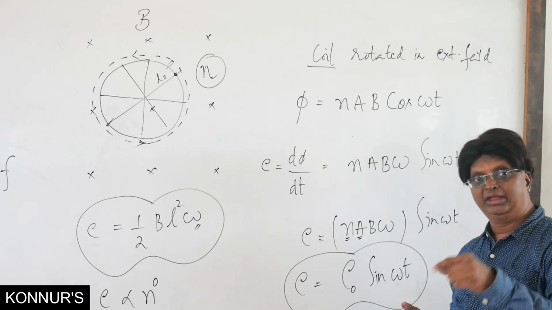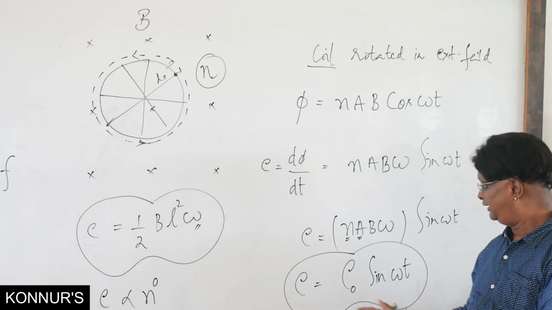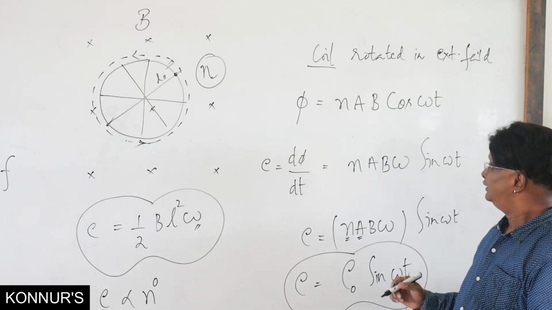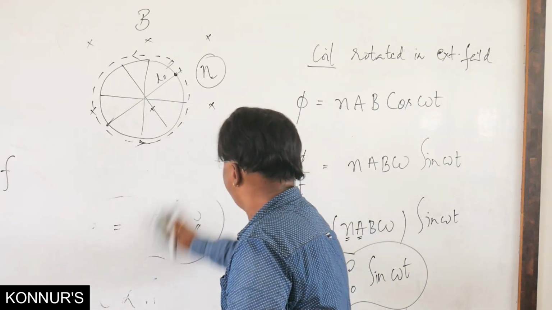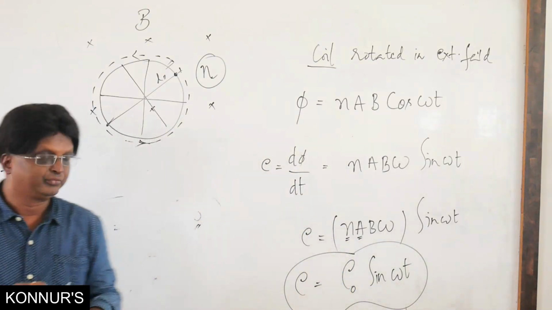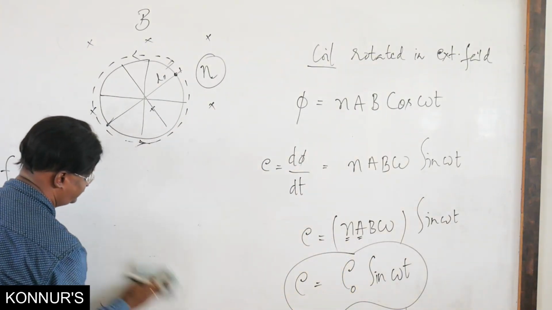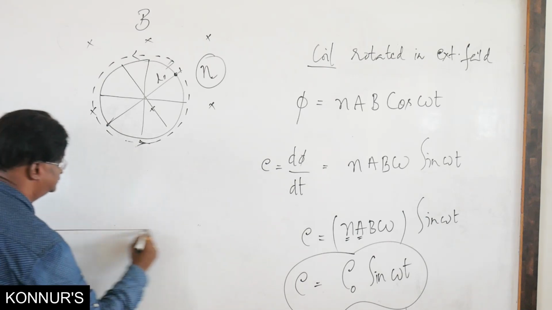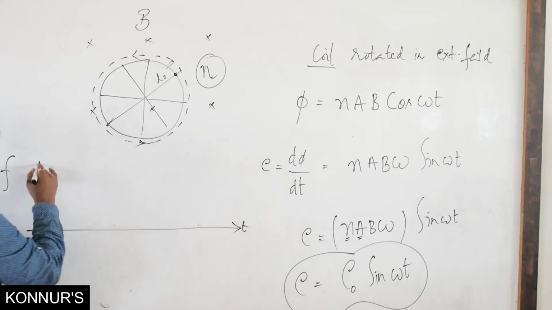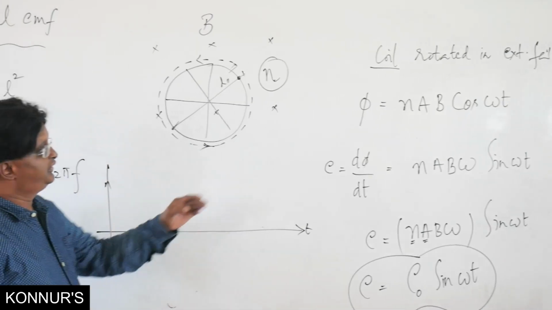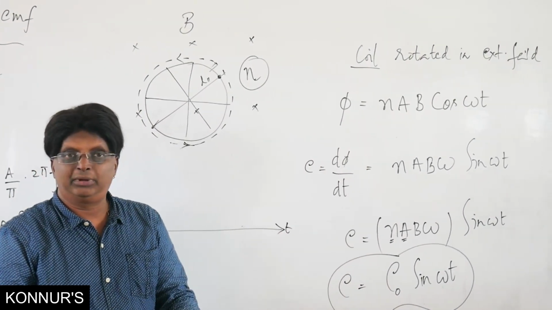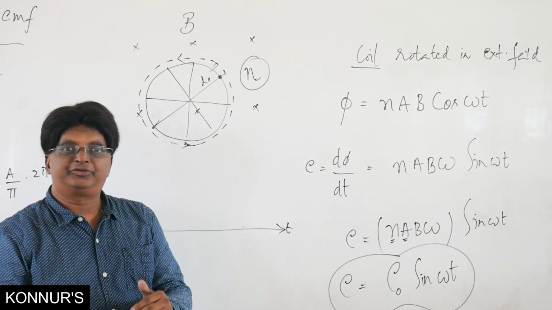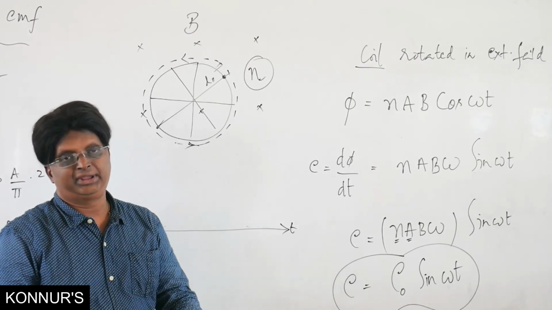Therefore, according to Lenz's law, what we find is the waveform. If I represent this waveform, see, time versus E. In this case, whatever EMF is generated is not a steady one, both in terms of magnitude and also in terms of direction.